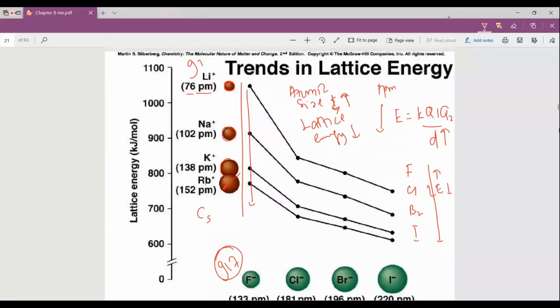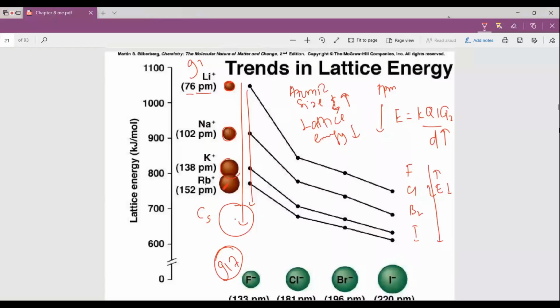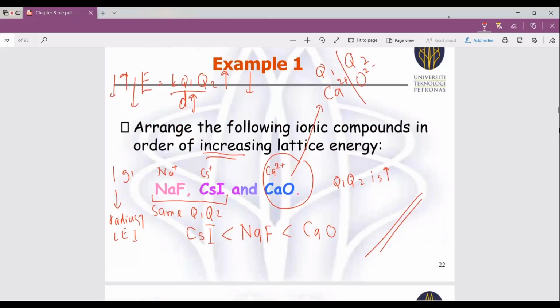Going down the group, top to bottom, what happened to size? Size becomes increasing. The distance between the ions becomes increasing. So D is higher, energy becomes lower. So which one is lower in energy, Cs or sodium? Cs. So that's why we put Cs first here, then followed by Na.